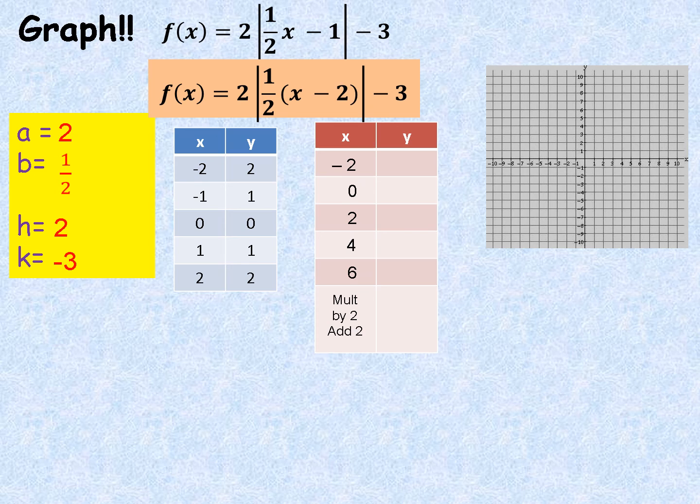Then we talk about the y's. Well, y's are affected by a and k. A and k are taken at face value. So according to PEMDAS, we're going to multiply by 2 and then subtract 3.